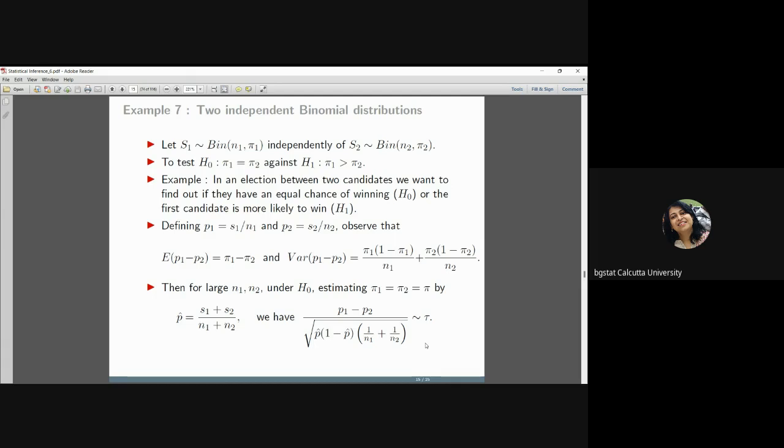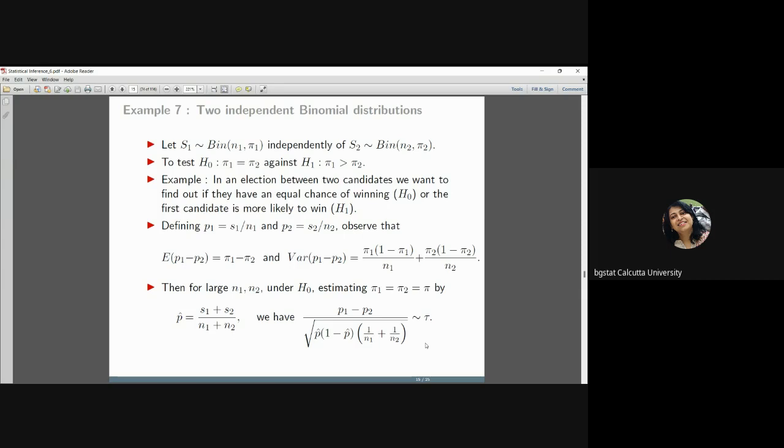If you recall, the binomial variance is given by, for the first population, pi 1 times 1 minus pi 1 by N1, and for the second population, pi 2 times 1 minus pi 2 by N2. But under the null distribution, we have pi 1 equal to pi 2. So it's as if we don't have a two-sample situation, but a one-sample situation, and we can get a better estimate of this common value of pi if we pool the data.